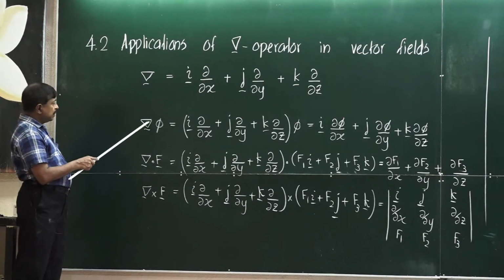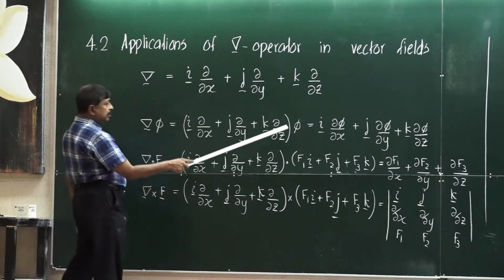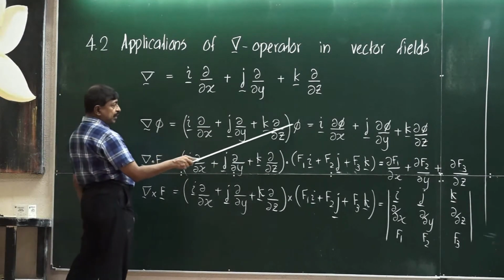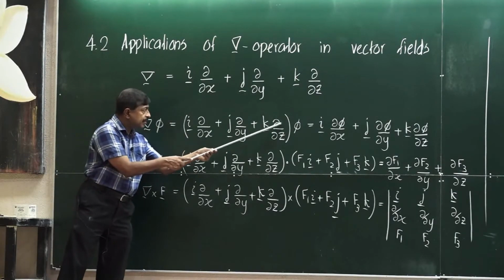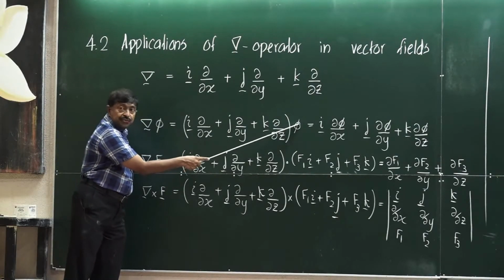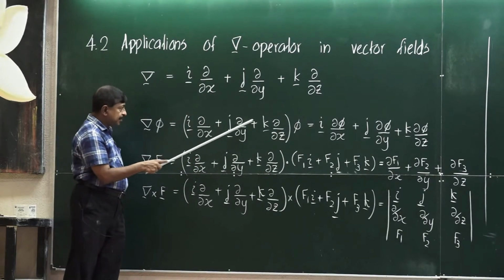If we take grad phi, this is the grad operator, you simply put phi there. Since these three are operators, phi falls into these traps.